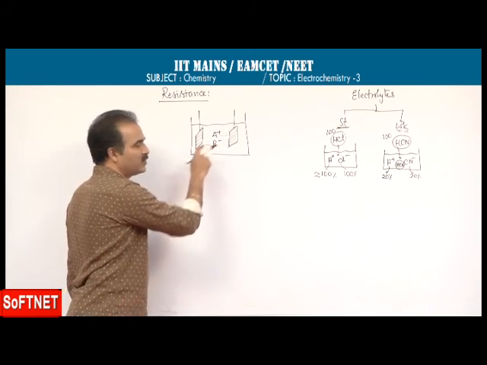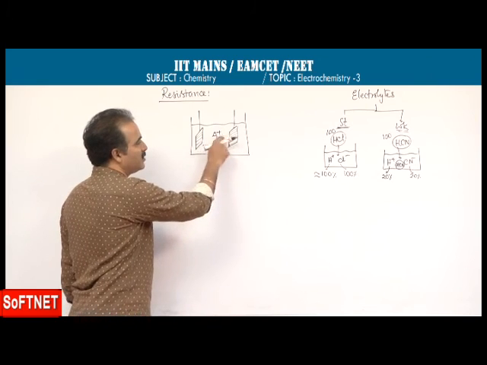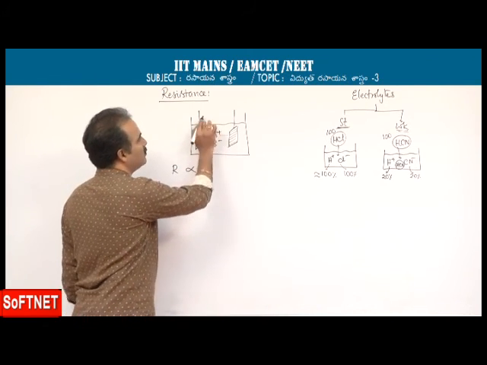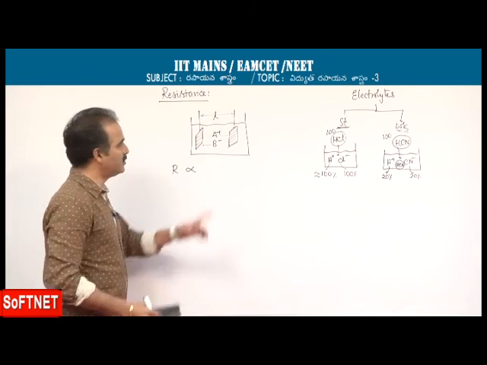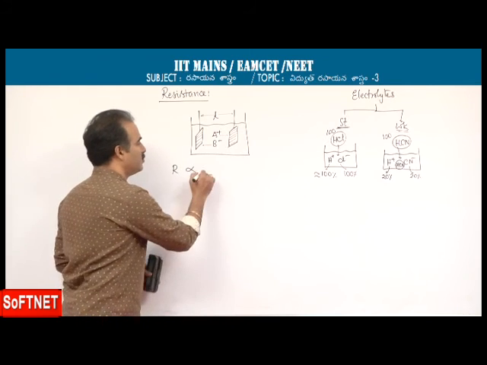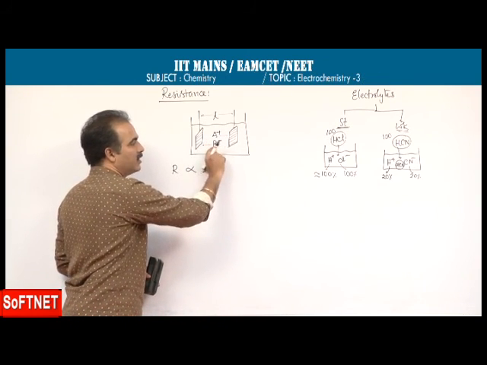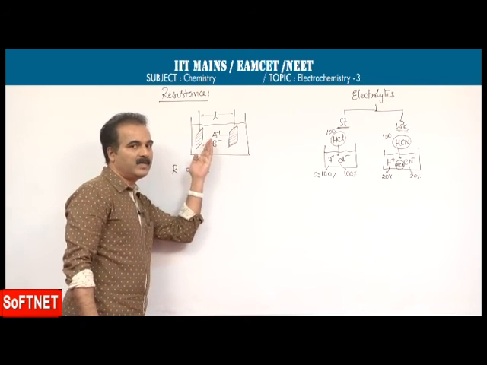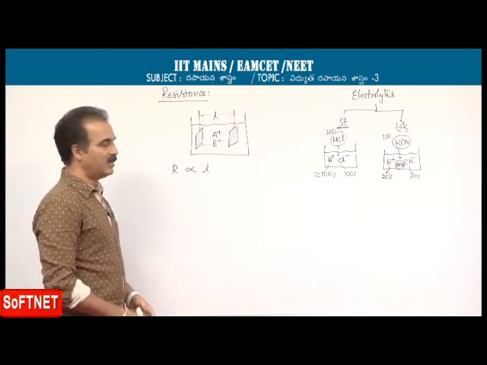Due to their motion, they experience some resistance, and the resistance experienced by the electrolyte is directly proportional to the distance between the electrode plates. The more the distance between the electrode plates, the more the resistance experienced by the ions. A+ and B- migration is very much suppressed due to larger separation between the electrodes.